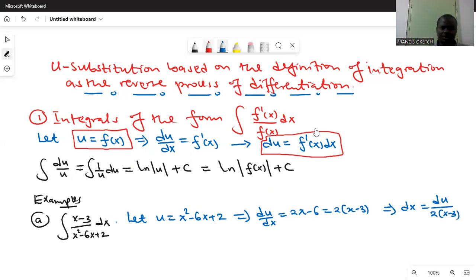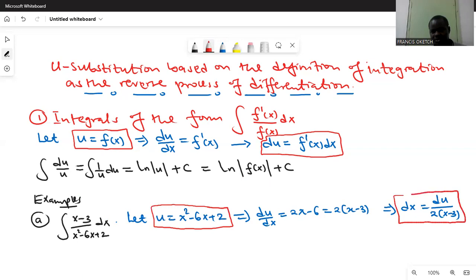So those are the substitutions. Let me bracket them. The first one is that u is equal to the denominator, which is x squared minus 6x plus 2. And another one is the differential dx, which will be du over 2 into x minus 3.